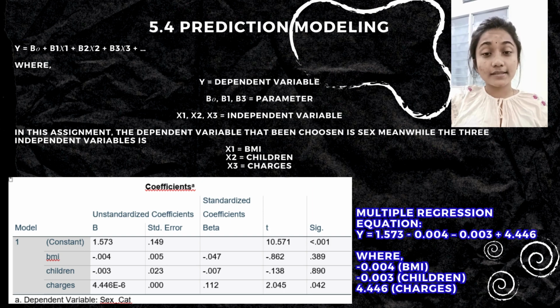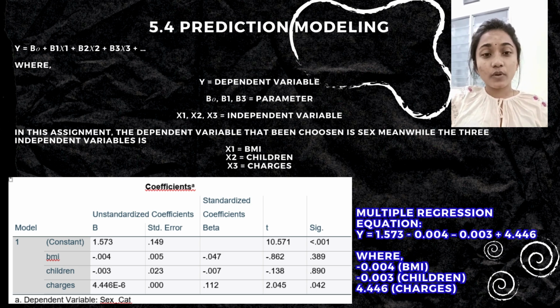Firstly, prediction modeling is a statistical technique used to create potential future states for entities based on data. In this case, a multiple regression equation was used to predict the dependent variable, which is sex category, based on the independent variables, which are BMI, children and charges.